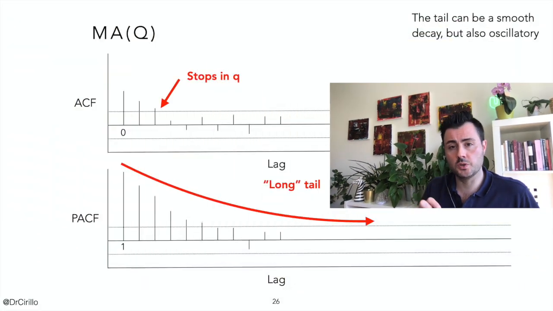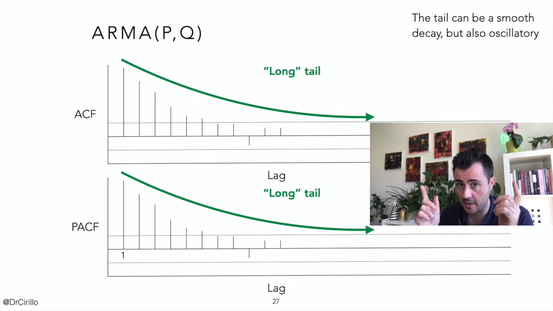For moving average processes of order q, we observe the opposite behavior. So we observe q significant lags in the ACF and a long memory in the PACF. For ARMA models, we expect a long memory both in the ACF and the PACF.